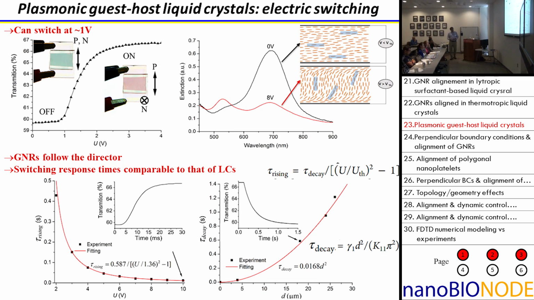It's important to realize that we can do it very fast, in milliseconds, and this response time, how fast all the rods reorient, depends on the voltage you apply. You can achieve something on the order of a couple milliseconds at relatively high applied voltages, 10 volts or so, right?